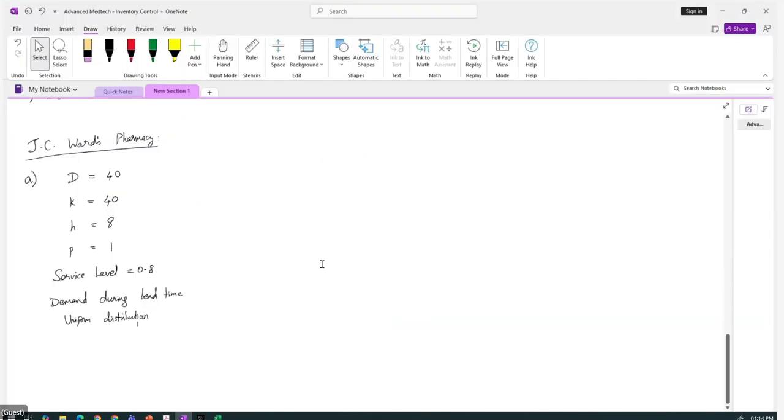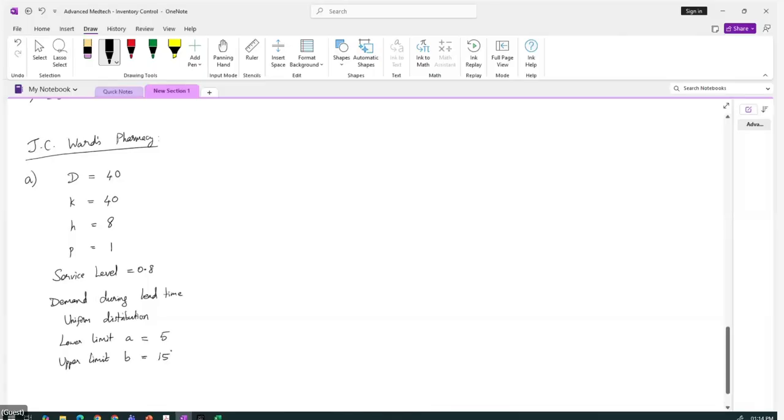When I say uniform distribution, there is a lower limit, which we call A, that is 5, and an upper limit, which we call B, that is 15.